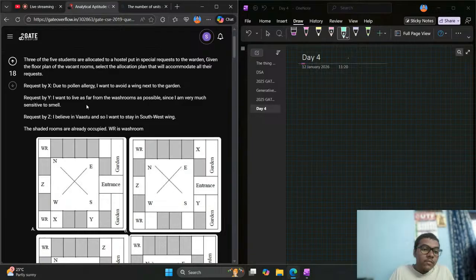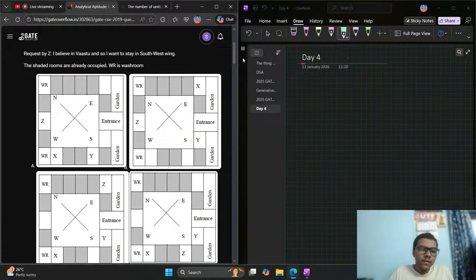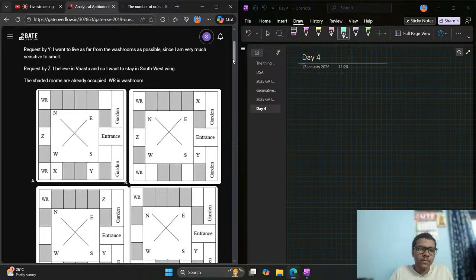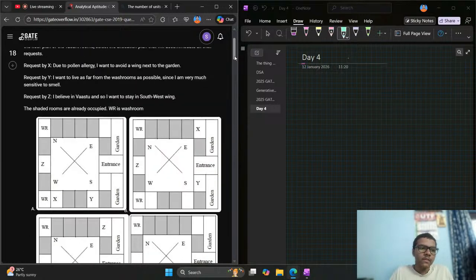I want to live as far from the washrooms as possible since I'm very sensitive to smell. Why? Okay, alright. Why far away from washrooms? This one is far away, this one is far away, this one is far away too. Yeah, there is nothing much to be done.